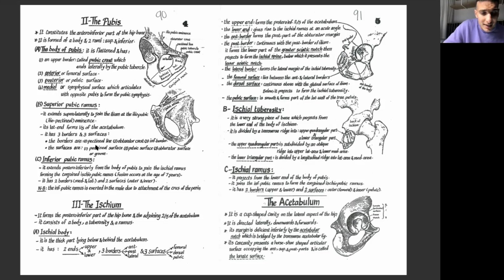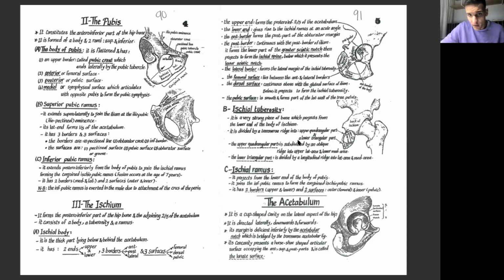And then, of course, it has a body and a ramus, which is part of forming the conjoint ramus that will hold the obturator foramen. Okay, and you can dive into all of those surfaces and details. You can use those to look at your bone in your lab and see where those things are.